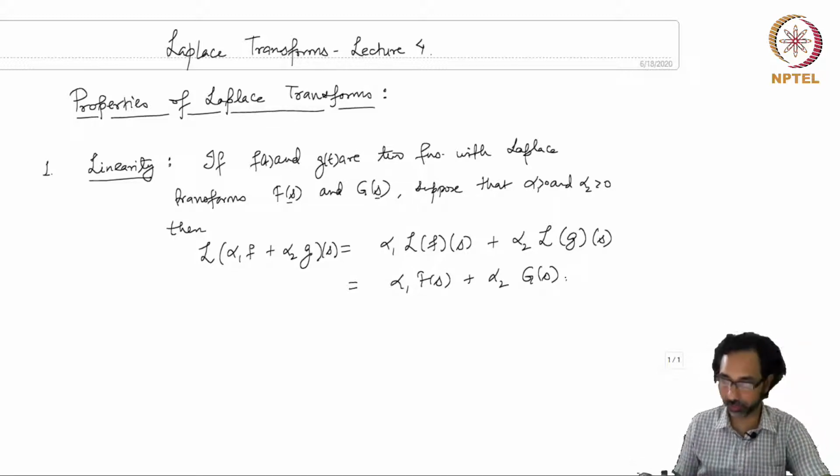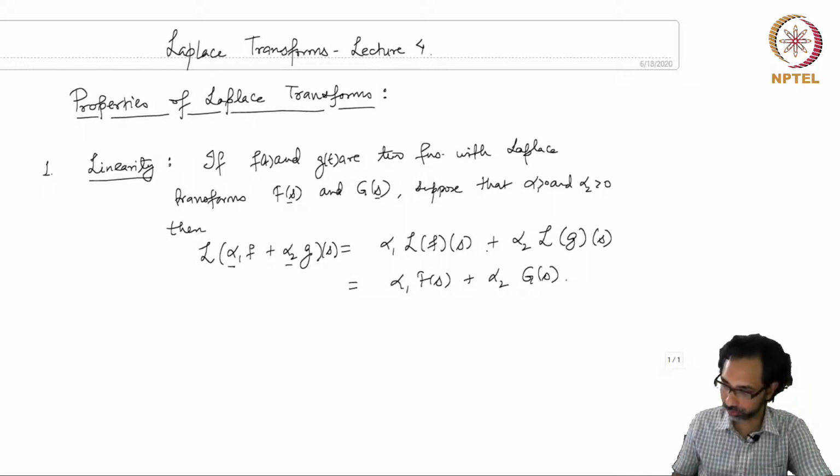This is the linearity property of the Laplace transform. It says that when you multiply your functions with constants, those constants can be taken out of the Laplace transform, and when you add two functions, the Laplace transform of the added function is the sum of the Laplace transforms of the individual functions.